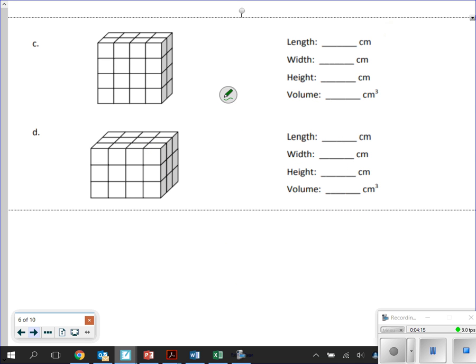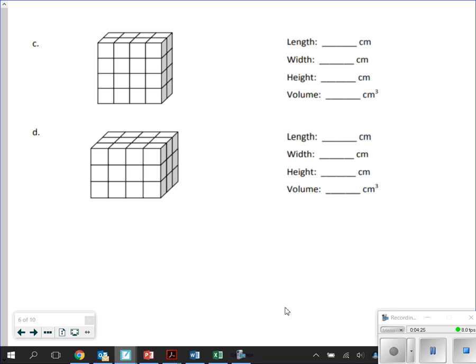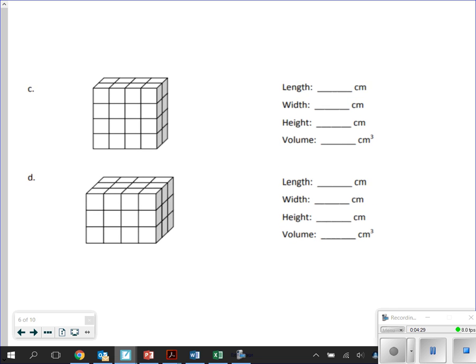So right here you've got C and D. So what was the volume of C? What was the volume of C, Rory?